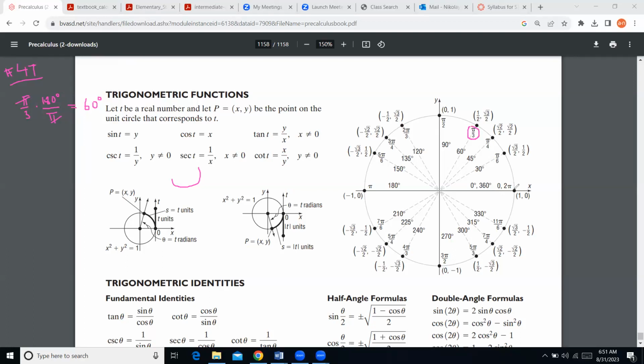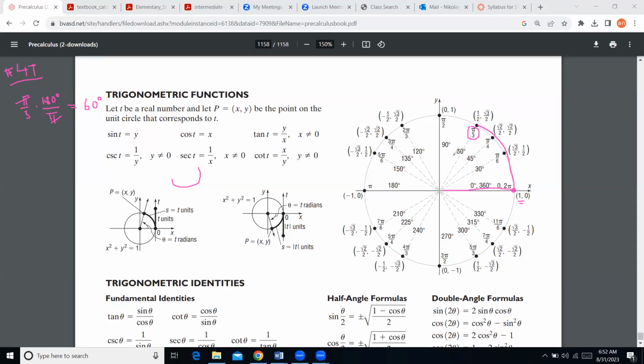And according to the definition, we actually have this arc length from the point (1, 0) for the circle of radius 1. That's why it's 1 for x and 0 for y.